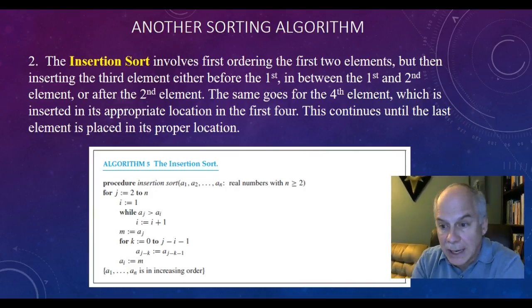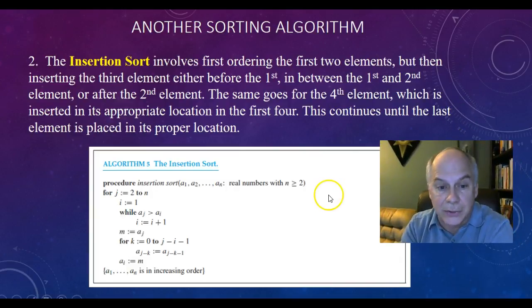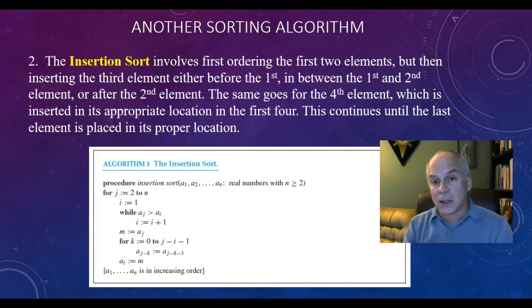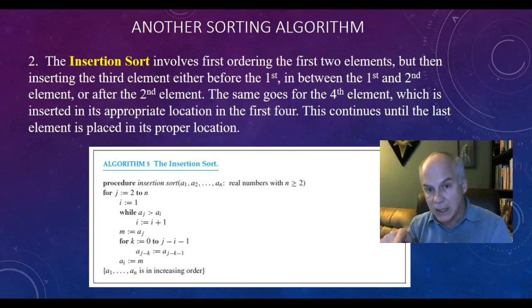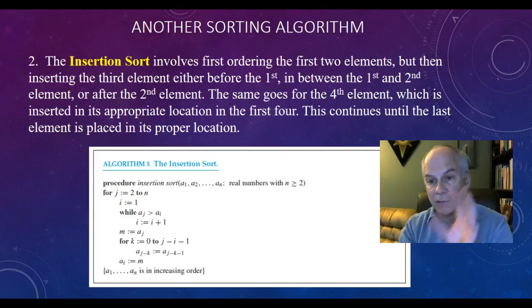Now, another sorting algorithm is called the insertion sort. It involves first ordering the first 2 elements, but then inserting the third element either before the first, or in between the first and the second, or after the second. The same goes for the fourth element.